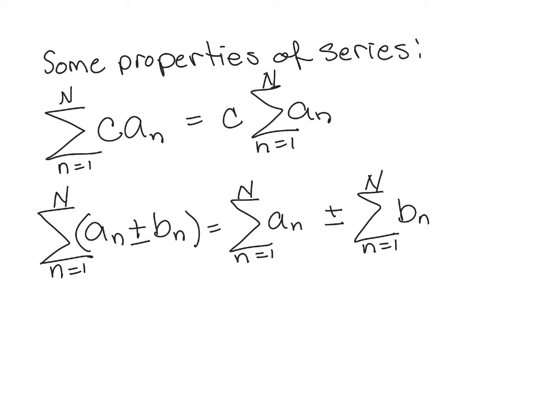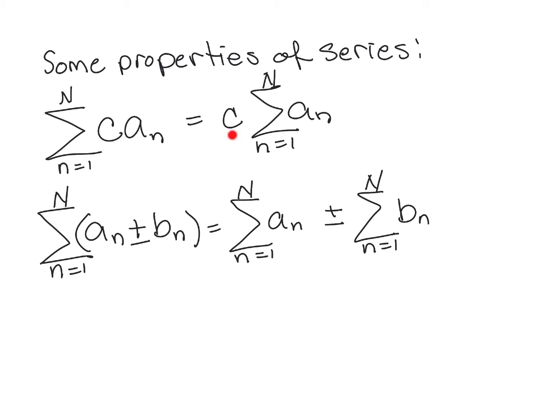All right, some properties of series. Series are when you're adding the terms of the sequence. I sometimes say them backwards, so watch out. Series means it's a sum. If you have some constant multiplying your a sub n, you can factor out that constant. Think about it. This is the sum. Every single term has a factor of c.